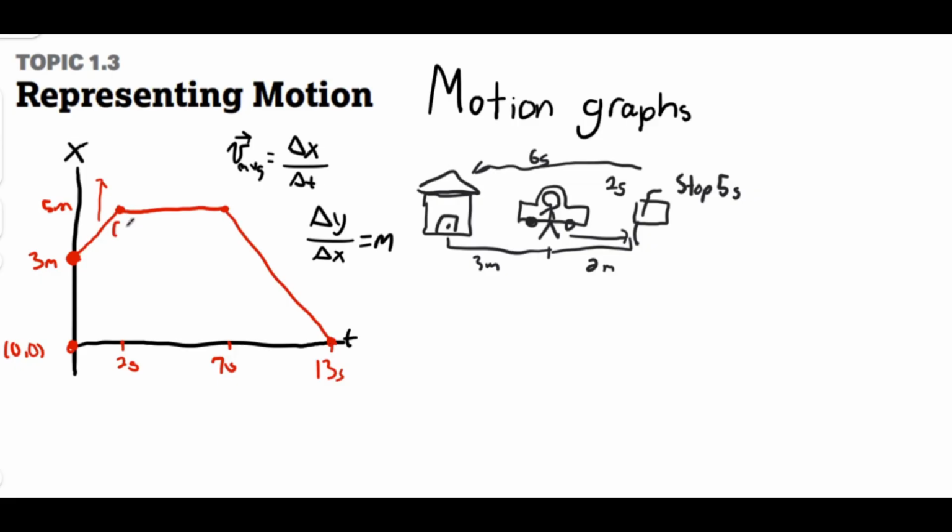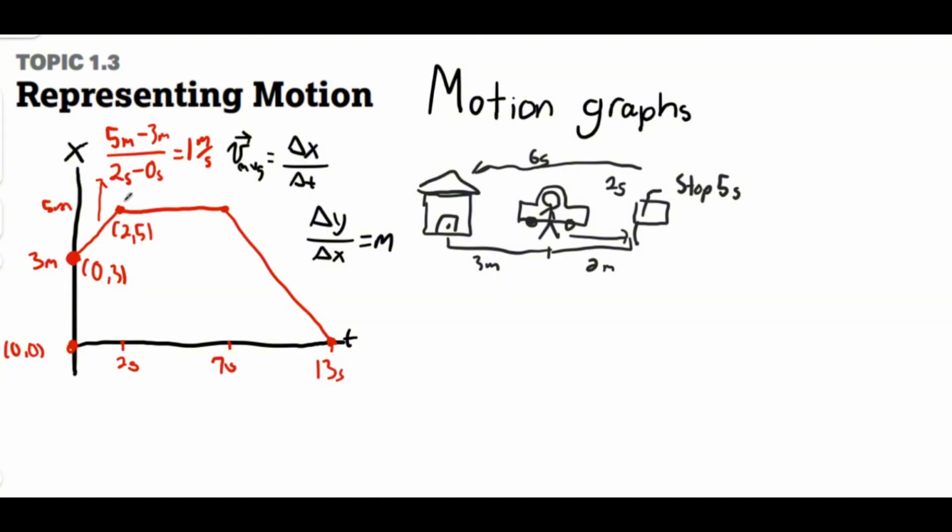We have our points 2, 5, and 0, 3. y2 is going to be 5 meters. y1 is going to be 3 meters. x2 is going to be 2 seconds. And x1 is going to be 0 seconds. So that's going to end up being 2 meters over 2 seconds, which is 1 meter per second. And if you notice, the units match, so this is indeed the units for velocity.